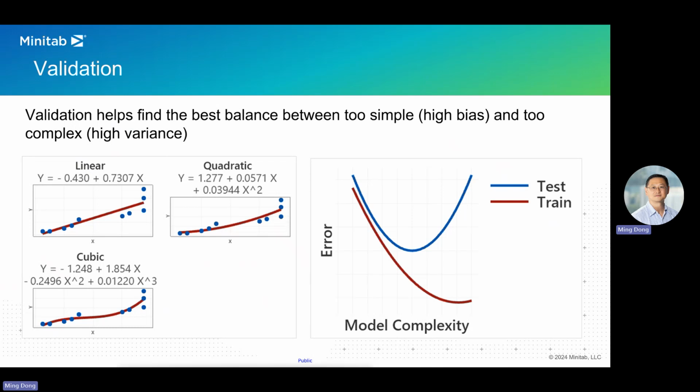A simple straight line is a very simple model. Then between the predicted value and the actual value, there's some difference, and this difference looks big. Looking at linear regression, just one line, the difference is big. We call this high bias, which is a kind of error.